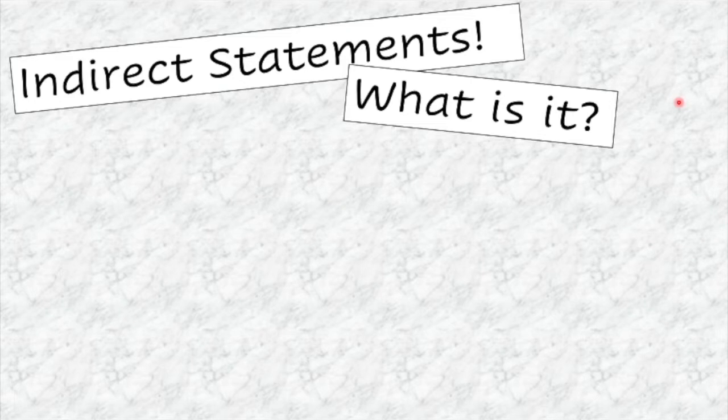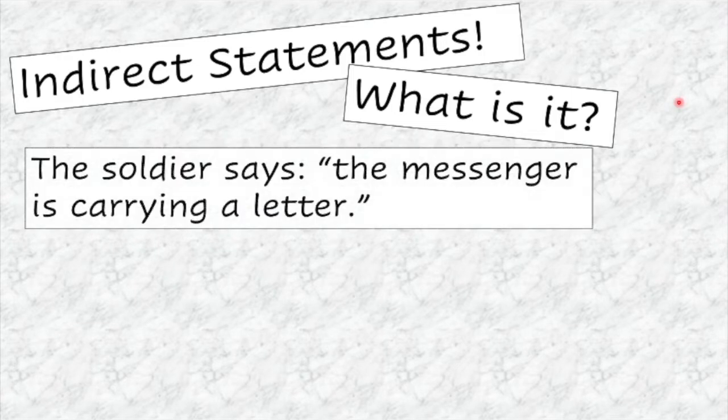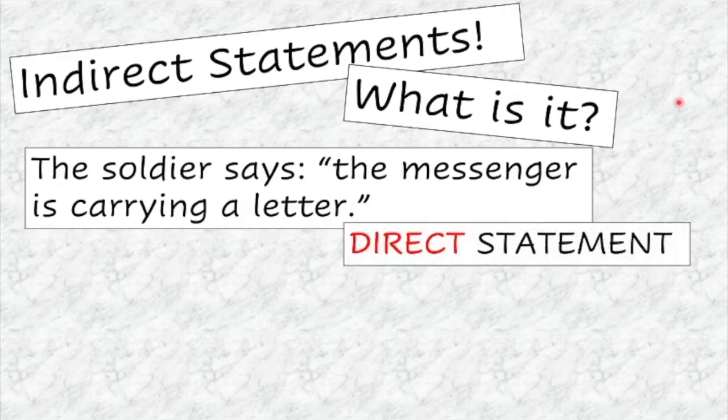So, what is an indirect statement? Let's have a look at two examples together. The soldier says, "the messenger is carrying a letter." In this case, I have speech marks, and I am reporting the exact words used by the soldier, and I call this a direct statement.